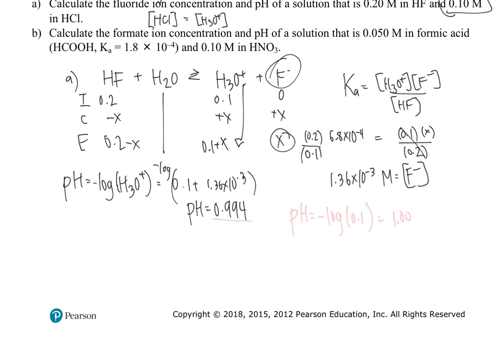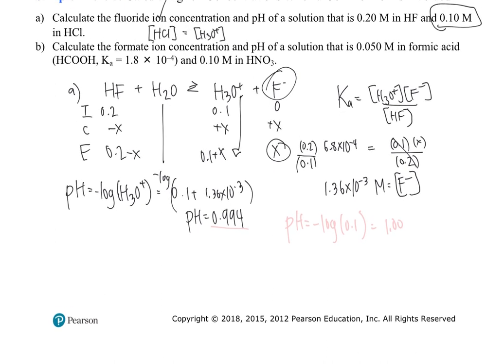In this last example, I want to find the formate ion concentration of a solution that is 0.05 molar formic acid and 0.1 molar nitric acid. So let's write in a different color. So I have formic acid, HCOOH, dissociate in water. It's going to produce formate and hydronium.